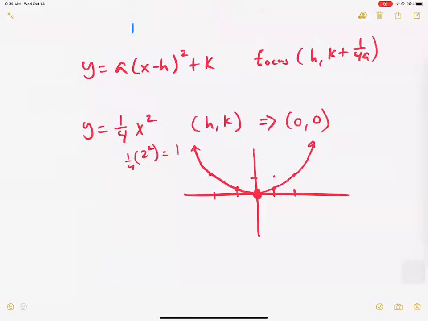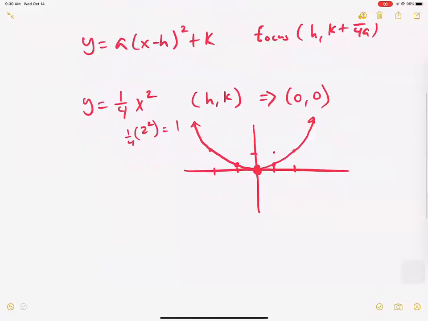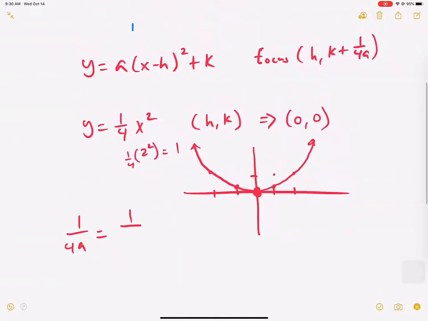Now, how would we find the value of the focus? If we said 1 over 4a is equal to 1 over, let's see, we know what a is, don't we?